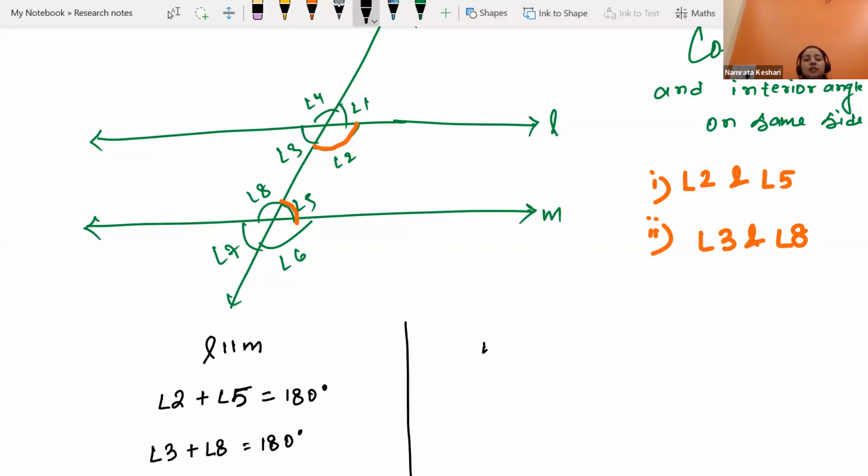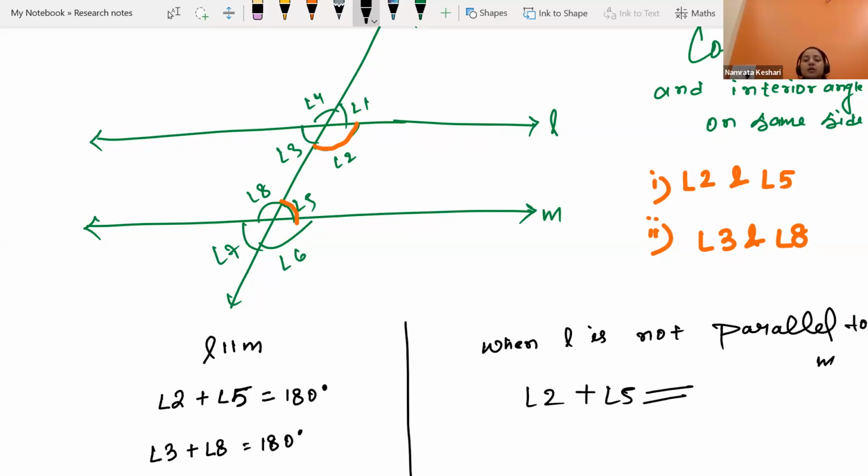Now, when L is not parallel to M, then angle 2 plus angle 5 will never be 180 degrees, and angle 3 plus angle 8 will never be 180 degrees.